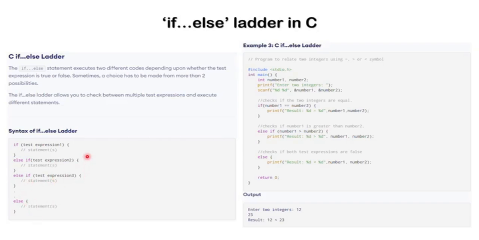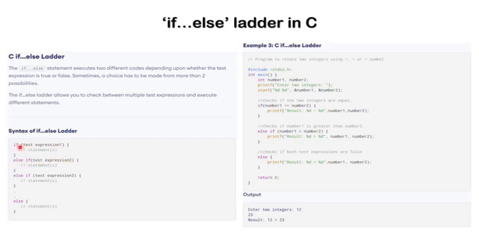Okay, so the speciality in this if else ladder is that whenever the control finds that a particular test expression is true, it will execute that particular block and skip the remaining blocks. Okay, for example, you see, if the test expression 1 is false, only then will it go to else if the test expression 2.